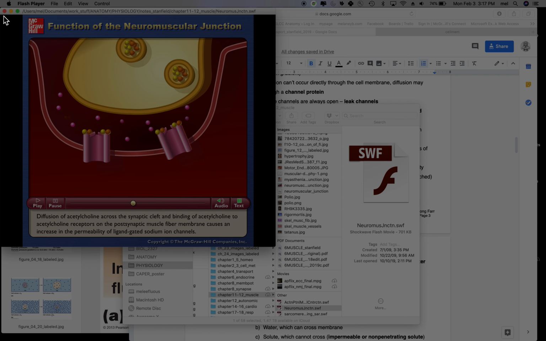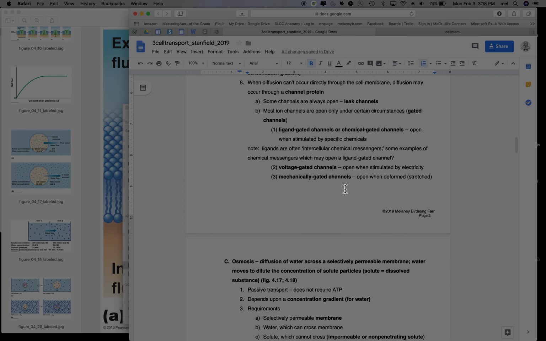And we're going to see this, of course, in detail when we get to the nervous system. Okay, and then the next type of channel is not anything I can draw, but kind of like the other one that we just looked at. Oh, by the way, one last thing about that ligand-gated ion channel.